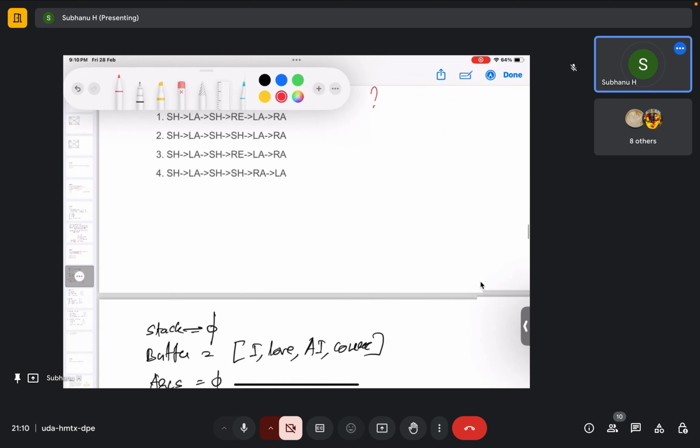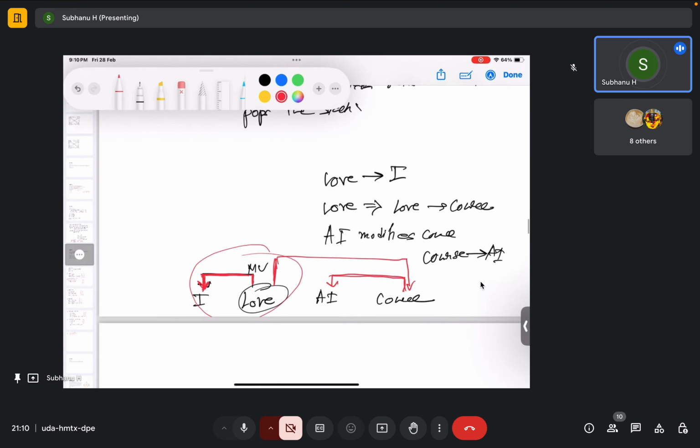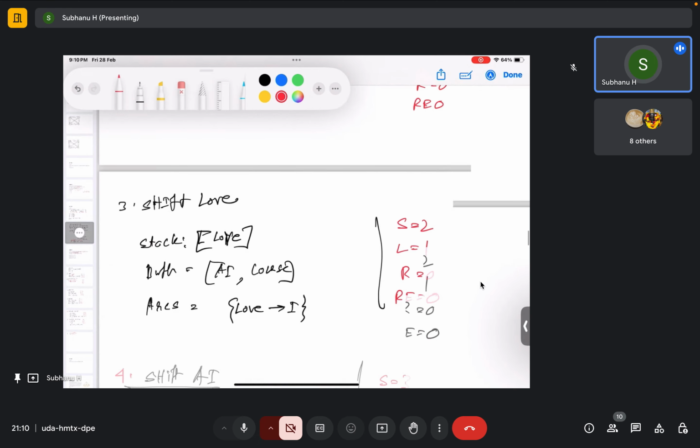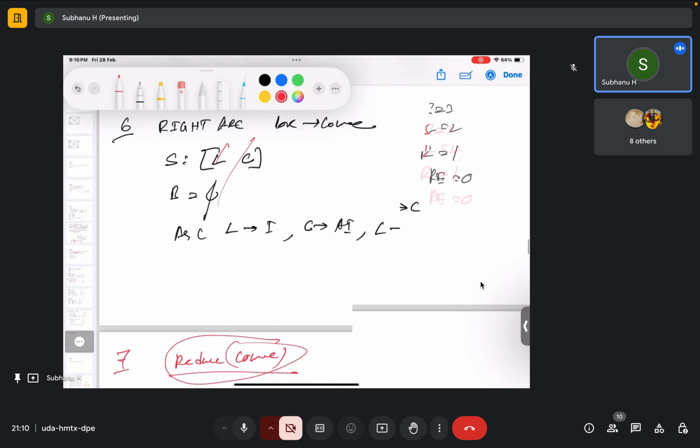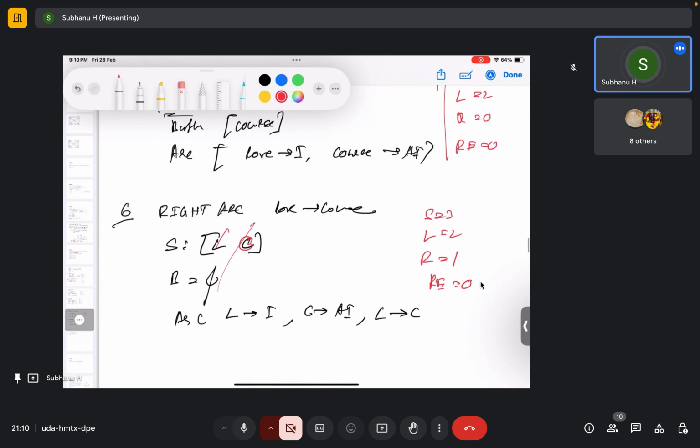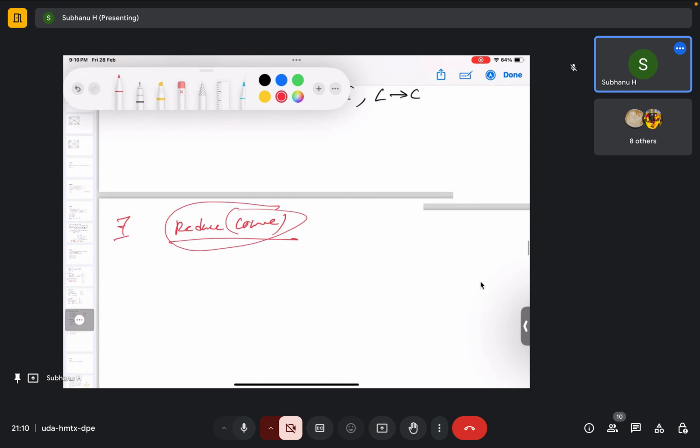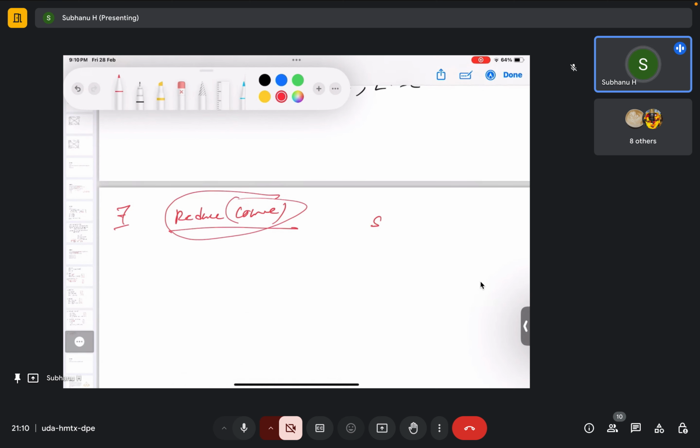So that's why we are popping this course from the stack. That's why the count becomes shift 3, left arc 2, right arc 1, reduce 1.